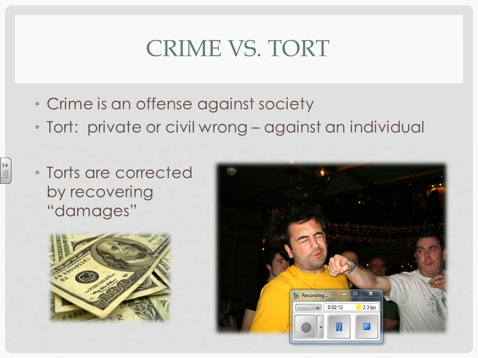Again, crime is an offense against society. Tort is a private or civil wrong. This is a definition. If you already have this written down on your note sheet, you do not have to rewrite it. Torts are corrected by recovering damages. Damages, generally, is money.